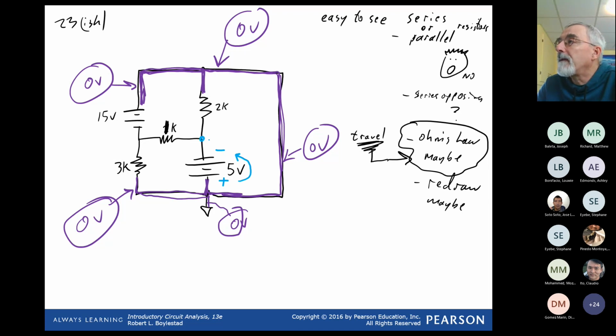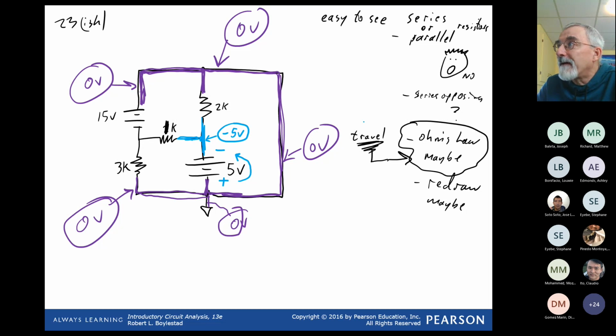So then this point is going to be at what voltage? Anybody tell me? Negative 5. 0, drop 5. Plus to minus is a drop. Minus 5 volts.